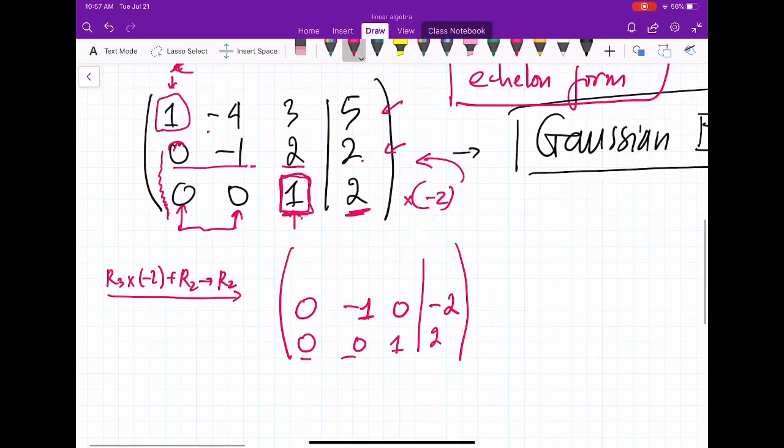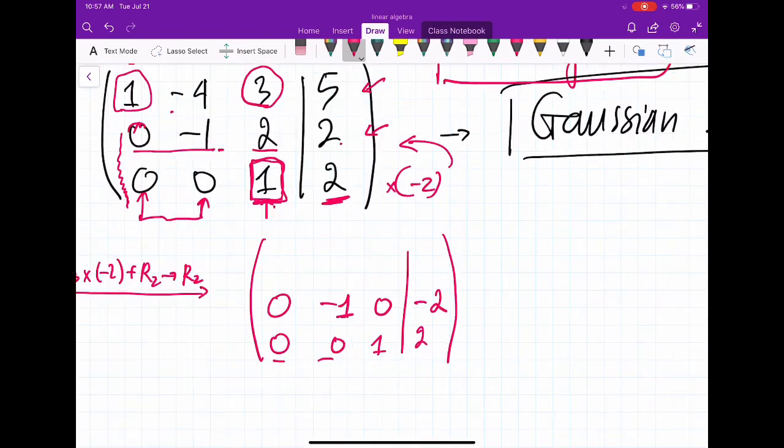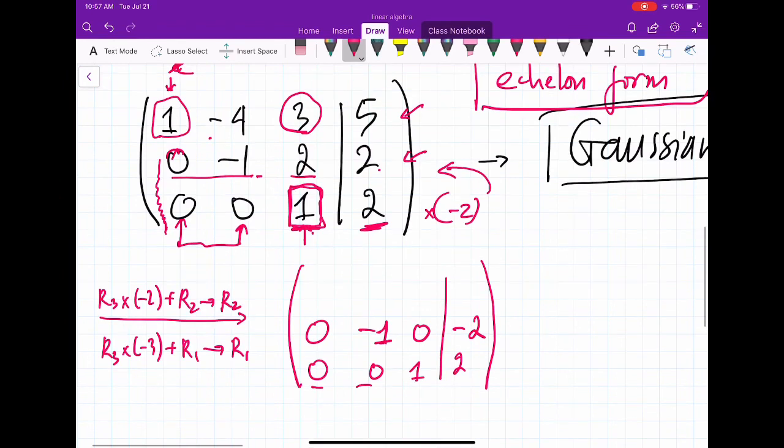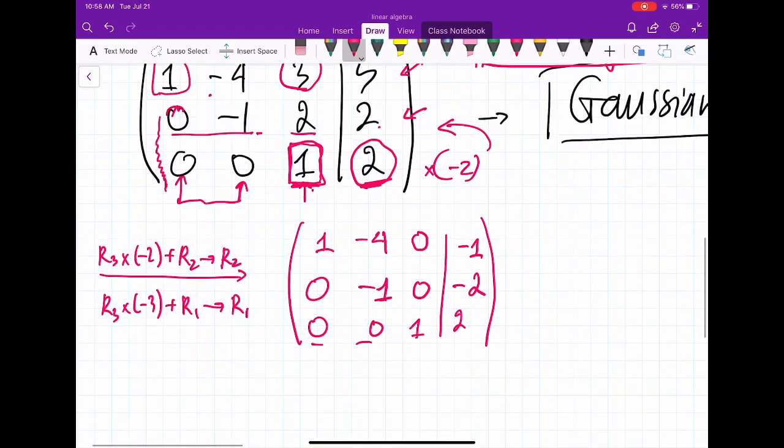Okay, and for the first guy, here is 3. I multiply the third row by -3, add to the first row, okay? I got 1 in here, -4 in here. Here should be 0. -2 with -3 is -6, plus 5 is -1. Okay. Alright, so we finished this guy.